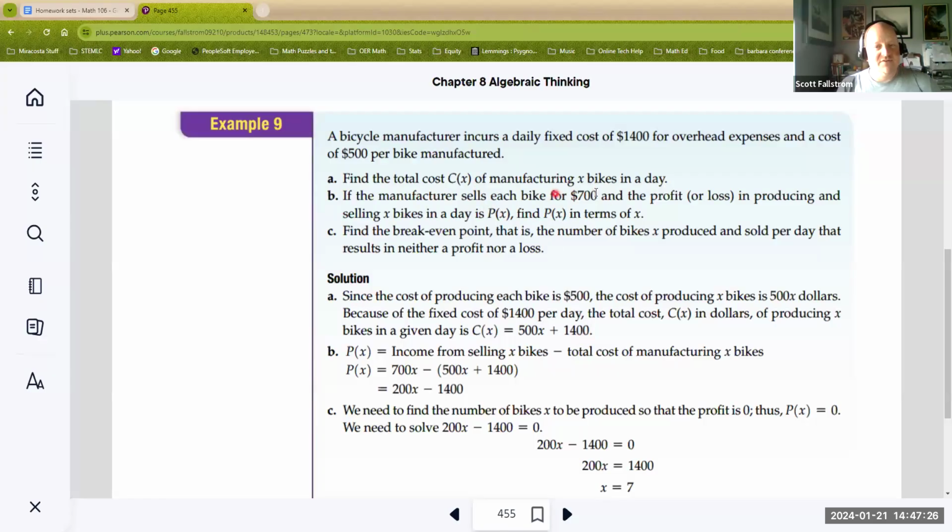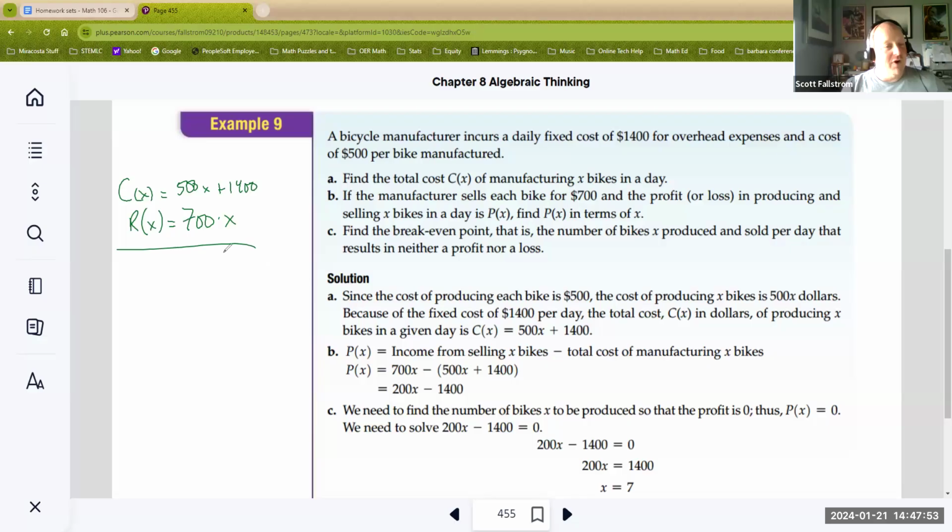If you sell the bike for $700 each, they didn't mention this, but that's your revenue. So you could have a revenue function. My revenue based on bicycles produced would be 700 times the number of bicycles that I produce, 700x. So now I have cost, which is 500x plus 1400. I have revenue, which is 700 times x.